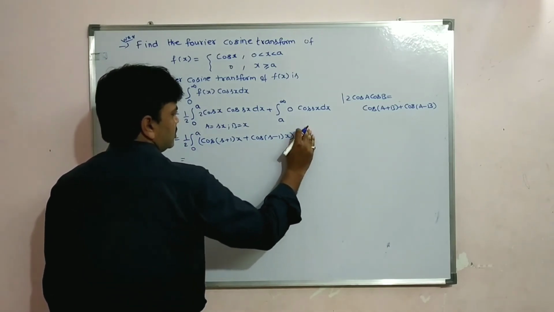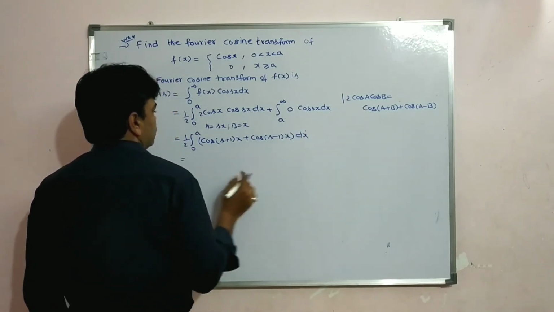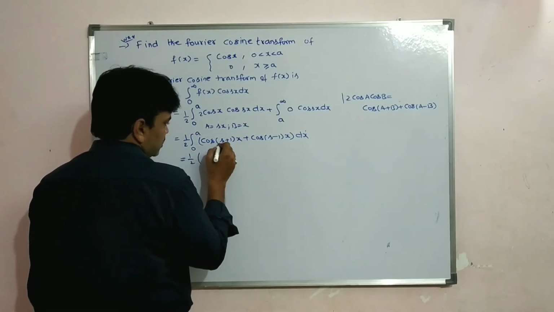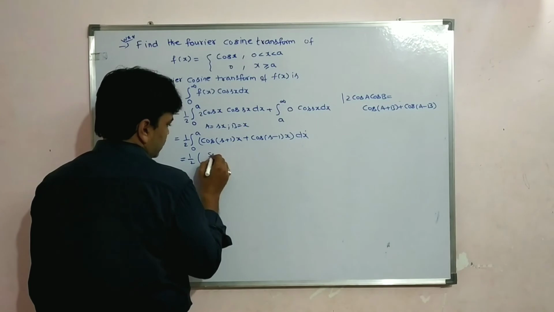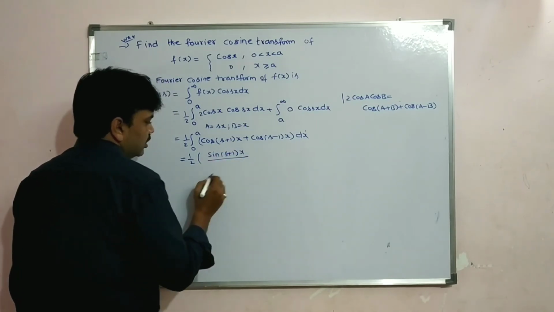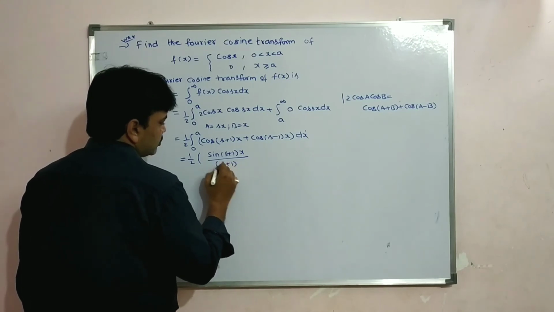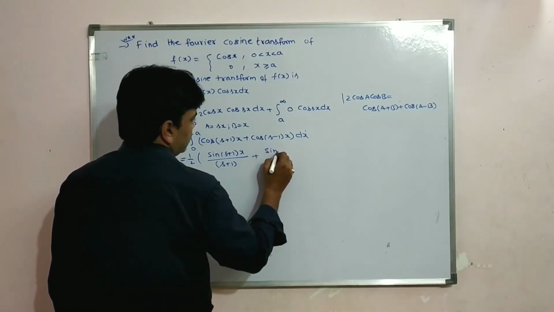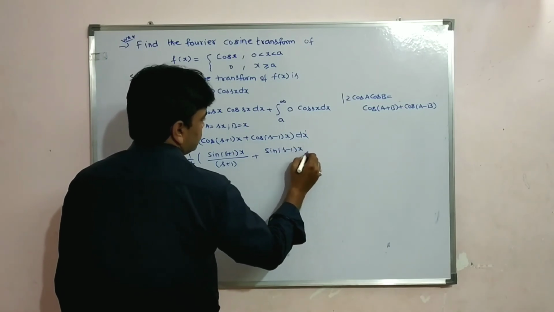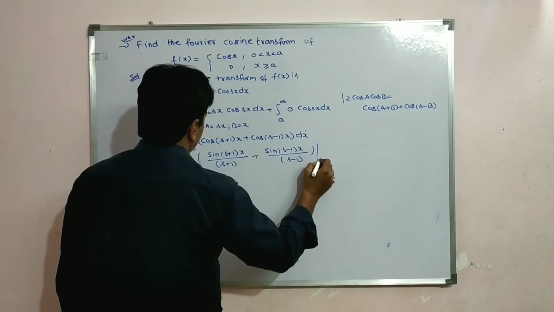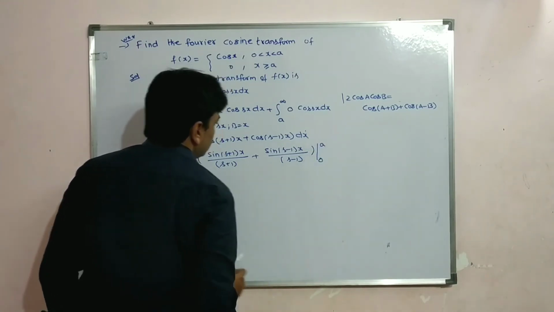that is equal to, there is no bracket, students, so 1 by 2 integral of cos s plus 1 x, students, so sin of s plus 1 x by s plus 1, plus here sin of s minus 1 x by s minus 1, bracket close, between 0 to a.